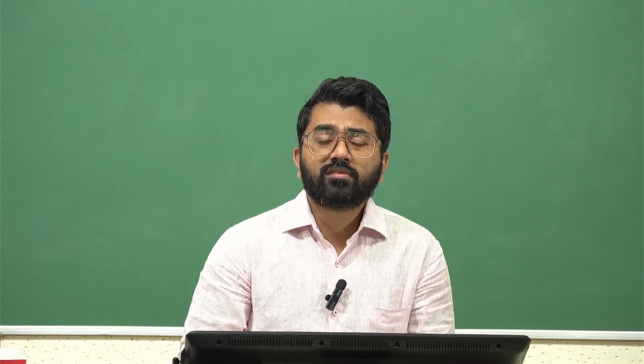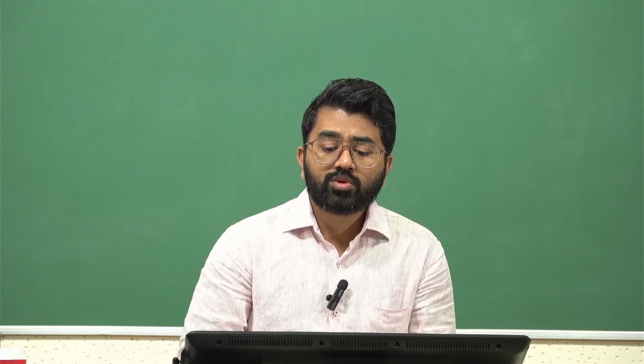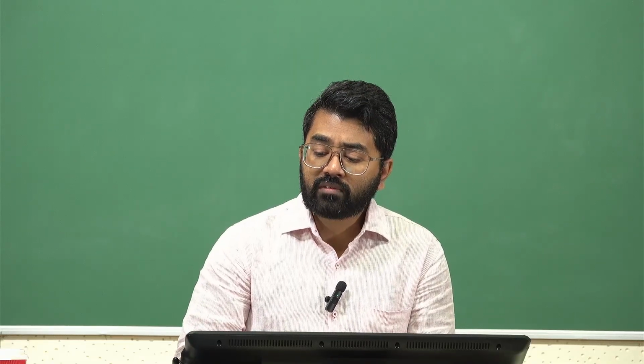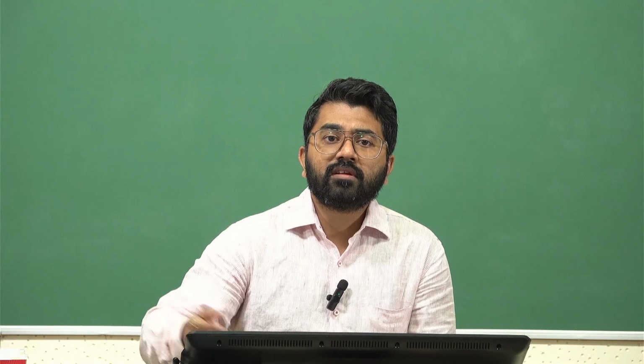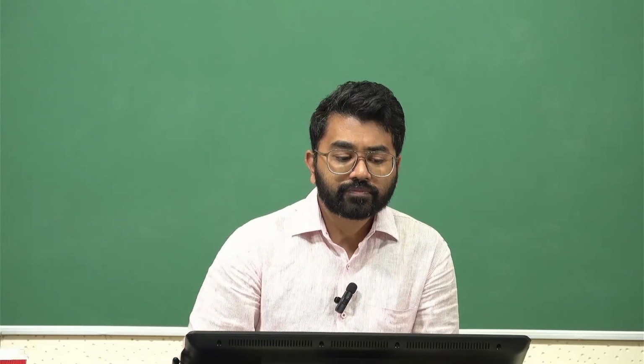So there you're looking at fatigue and resonance, right? Resonance is because of the vibrations, right? So these are the wide variety of in vitro tests which are conducted. There are a few more like shear and others which we will talk about at length in a different session.